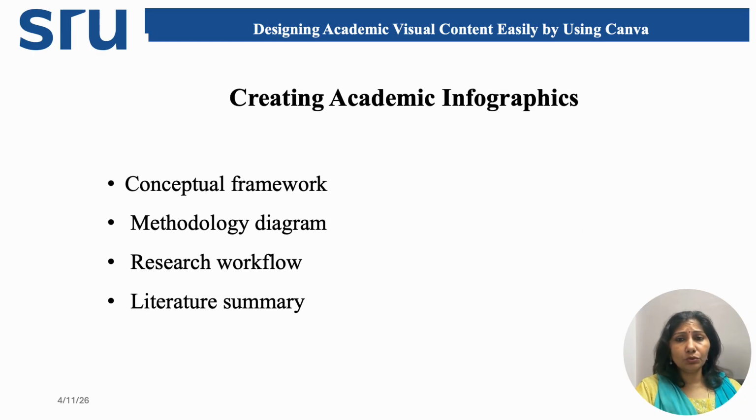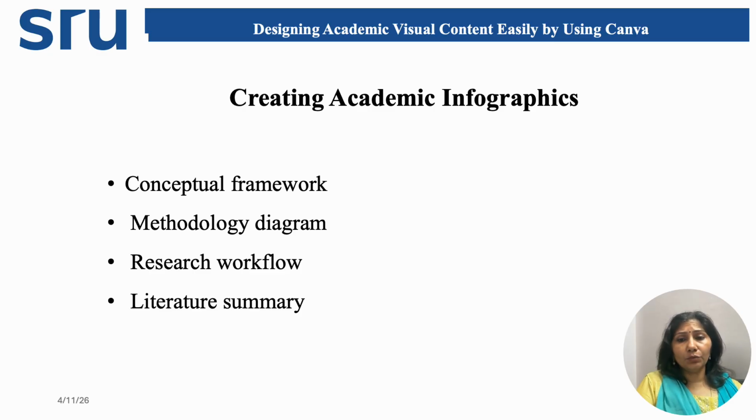Canva can be used to create various types of academic infographics such as conceptual frameworks, methodology diagrams, research flows, and literature summaries. These visuals help in representing the research process and findings in a structured and visually engaging manner.